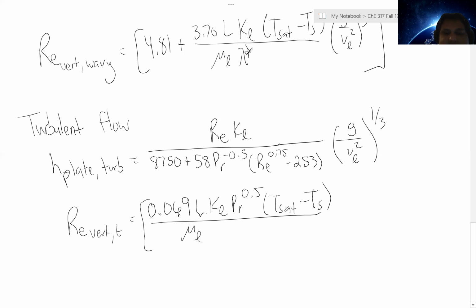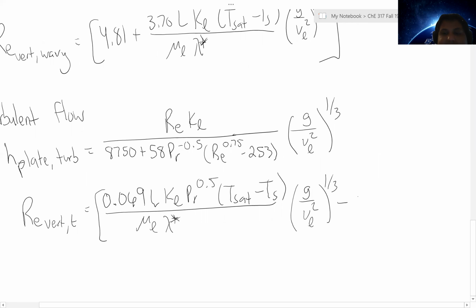Sorry, that didn't make sense. Times gravity over kinematic viscosity of the liquid squared to the 1/3 minus 151 times Prandtl to the 0.5 plus 253, all to, which power is this? 4/3 power.